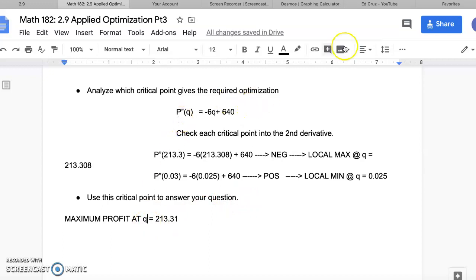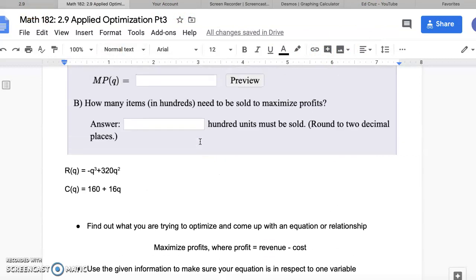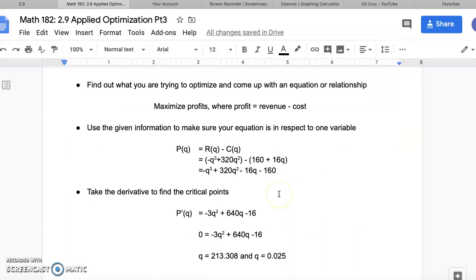And the question doesn't ask us what the profit is. But it does just ask us to frame the answer and how many units must be sold. So there we go.